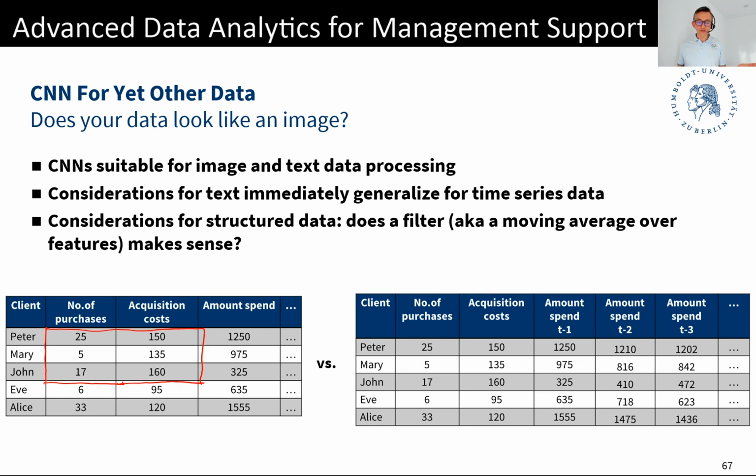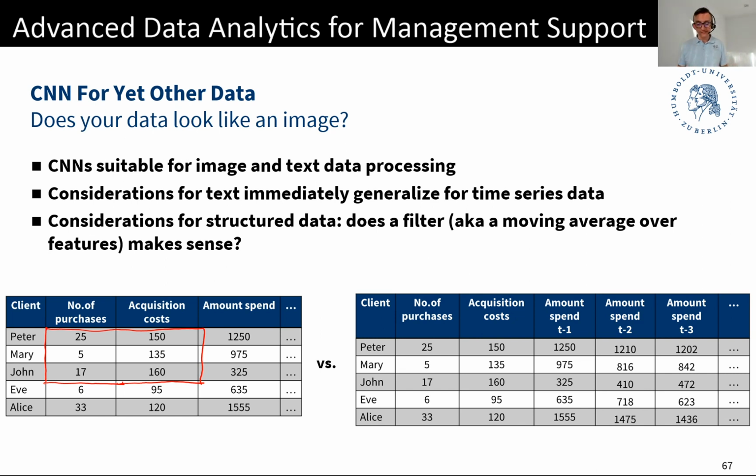Because how I arrange my features, that's entirely arbitrary. That number of purchases is first and acquisition cost is second, and then amount spent. That's entirely arbitrary. We can permute the order of the features. That's perfectly legitimate in structured data. But that would give us an entirely different result when we do the filtering. And same with the number of customers. We can permute them. There is no order in the customers. There is no order in the rows.